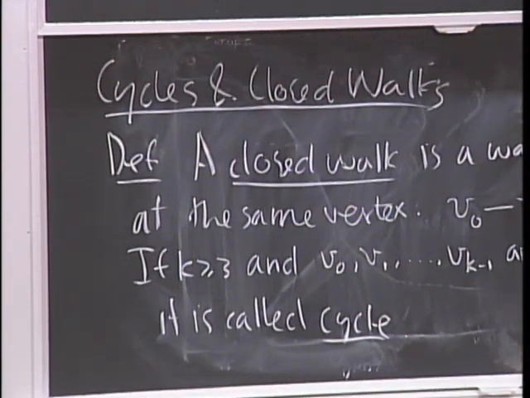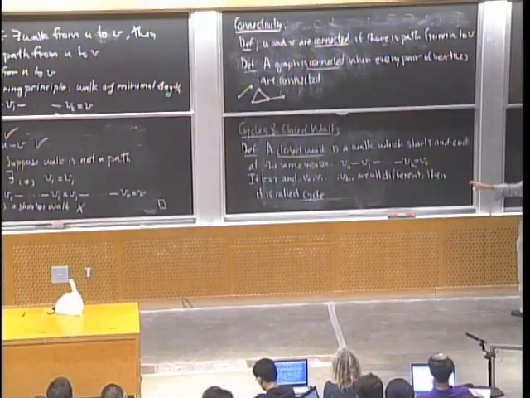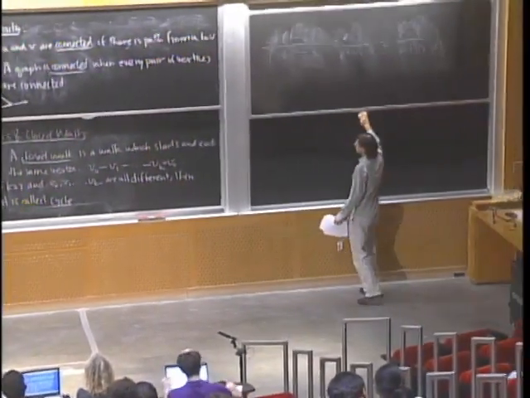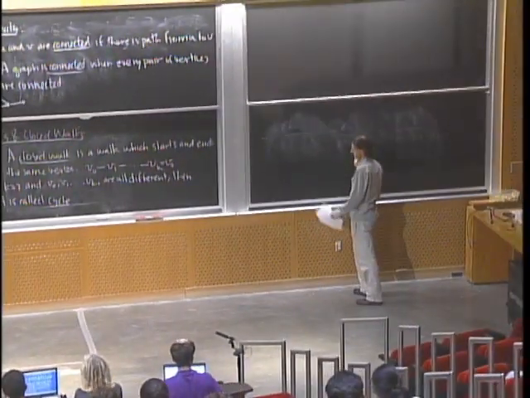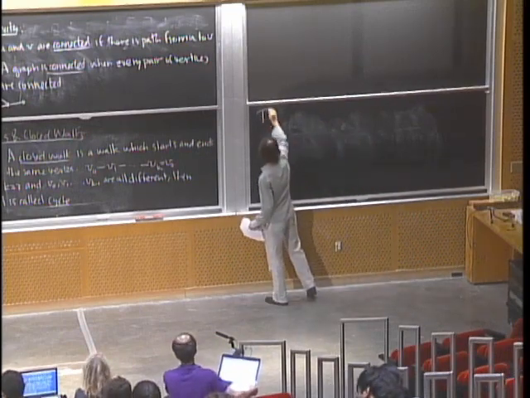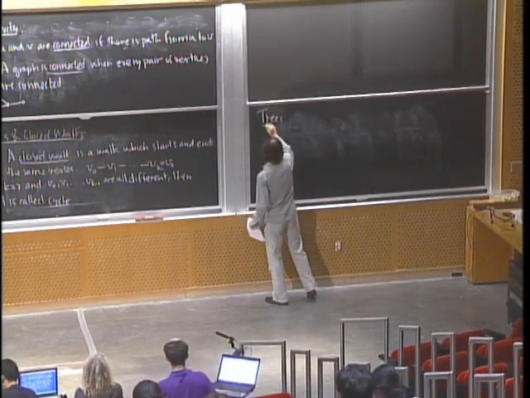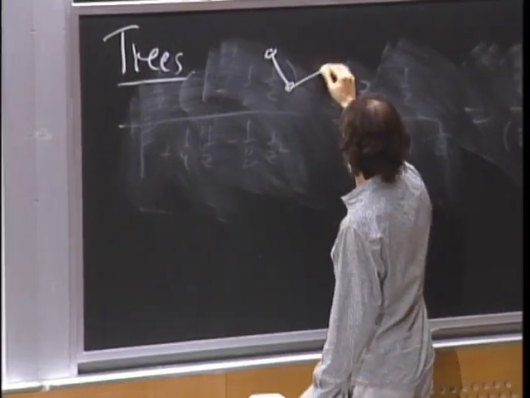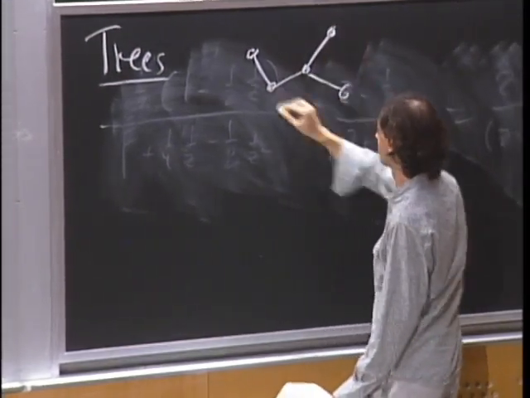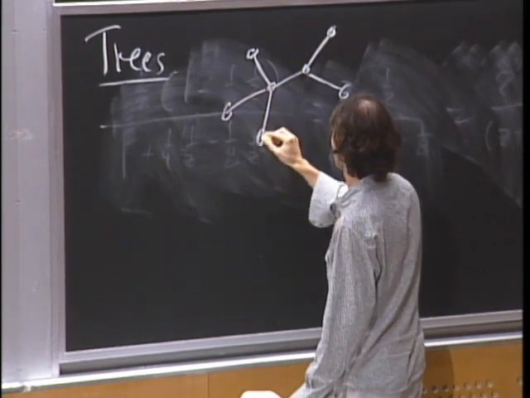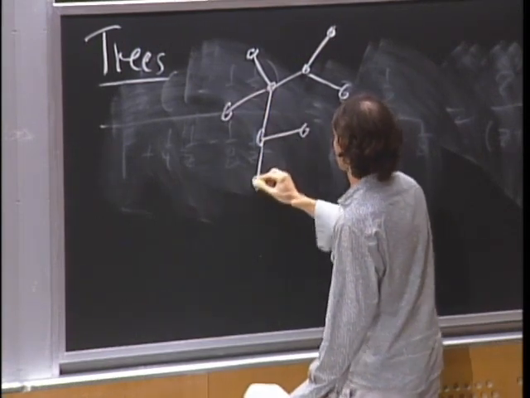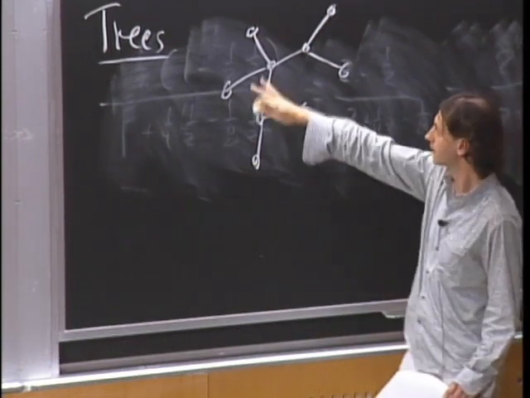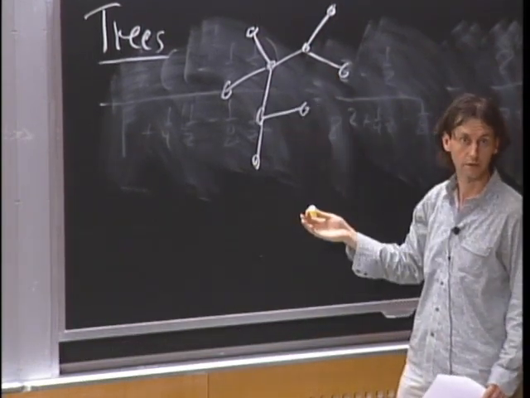So these two concepts, connectivity and cycles, will help us to define trees. So what are trees? A simple example is something that looks like this. The idea is that a tree is both connected and it has no cycles.